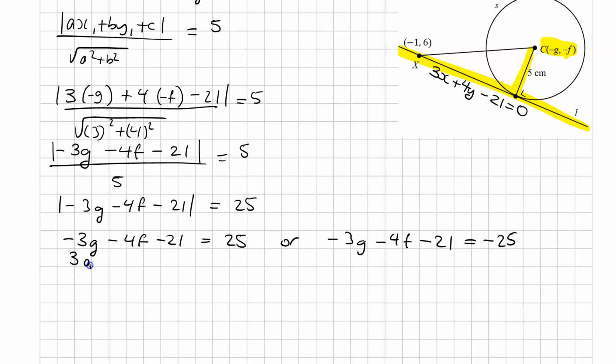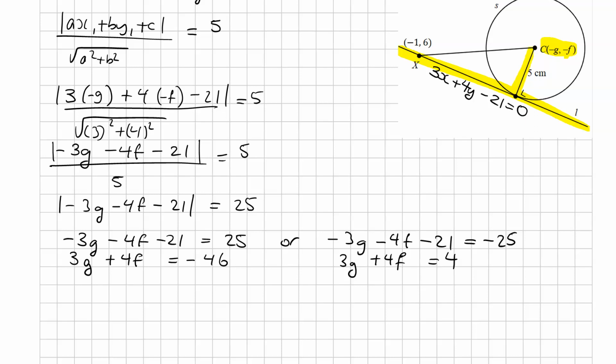Another way of looking at that is 3g plus 4f equals minus 46, and this one is 3g plus 4f equals 4. Now those aren't two equations that are any help, because they have the same coefficients of g and f, so they would just cancel and we wouldn't get any answer.